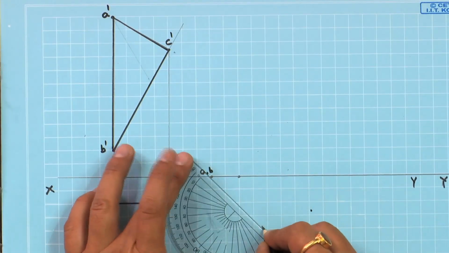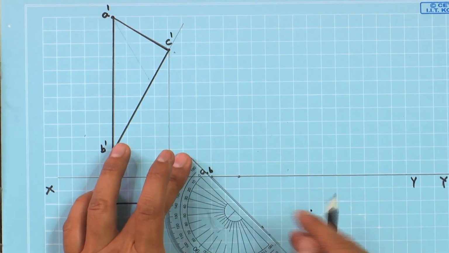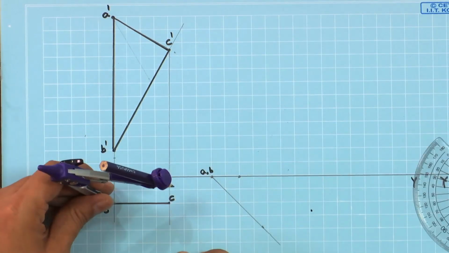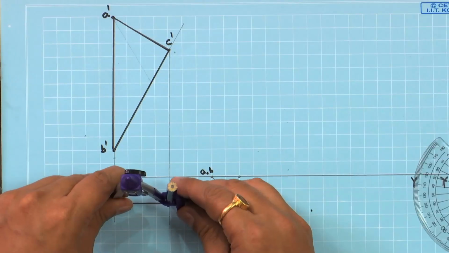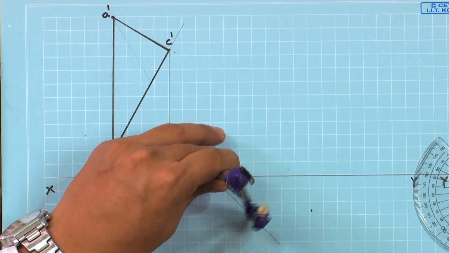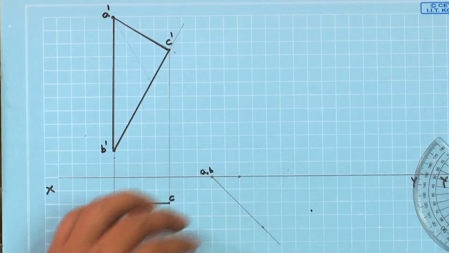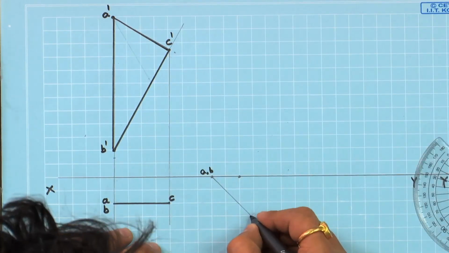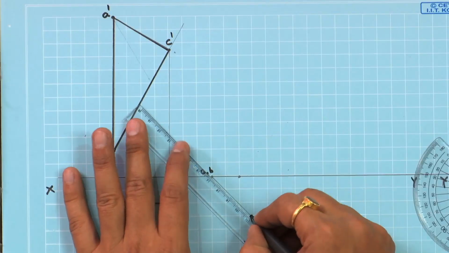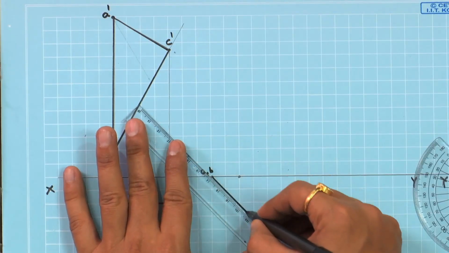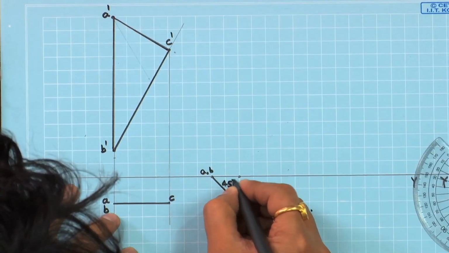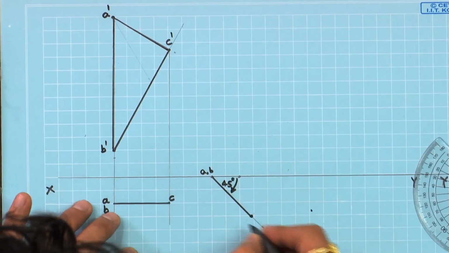Join these points, transfer the same length A to C, this length has to be transferred, and connect these lines, and this is making a 45 degree angle, and this point is C.